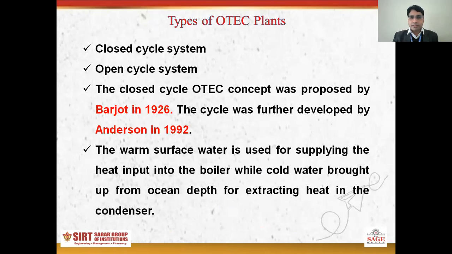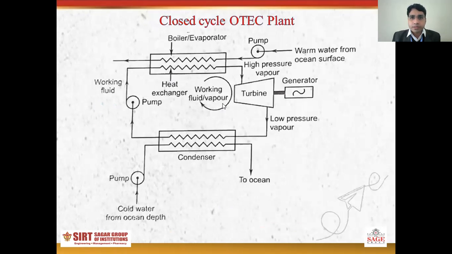Here you can see that the water from the ocean surface is pumped with the help of this pump to the boiler. With the help of this boiler, the working fluid is converted into vapor. That high pressure vapor is sent to the turbine, and with the help of this turbine we can produce electricity, because the turbine is connected with the generator.